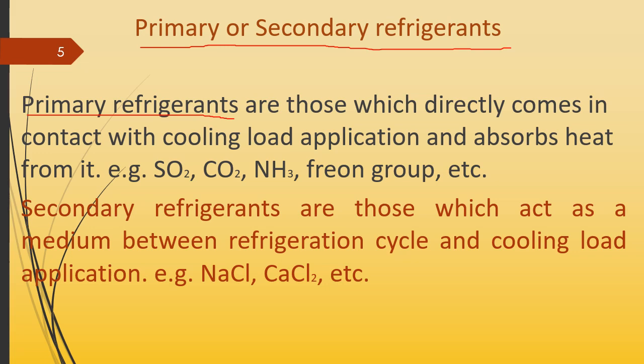So what is a primary refrigerant? Primary refrigerants are those which directly come in contact with the cooling load application and absorb heat from it. That is SO2, CO2, NH3, the freon group, that is sulfur dioxide, carbon dioxide, ammonia, and the freon group. So these are primary refrigerants which directly come in contact with the cooling load application.